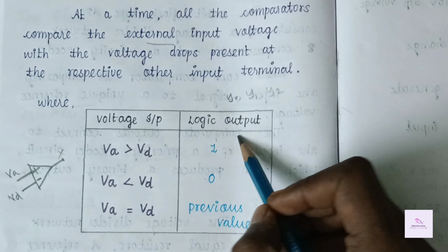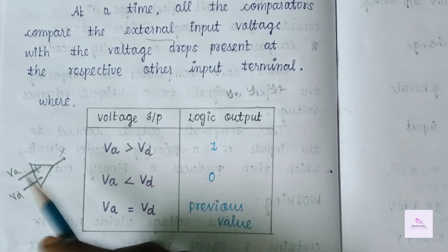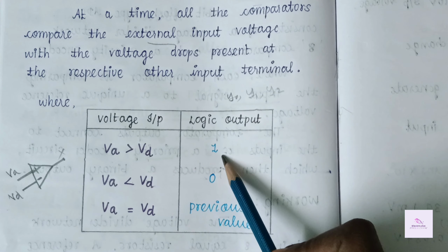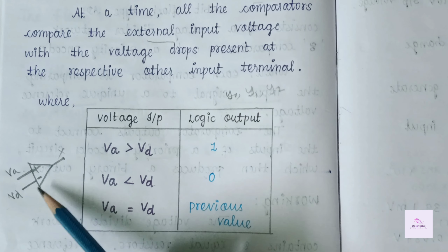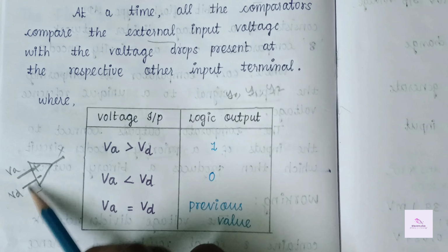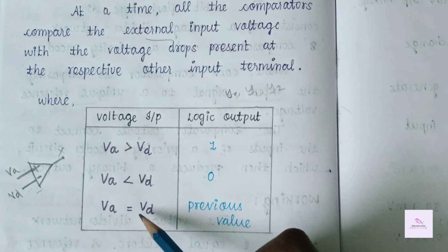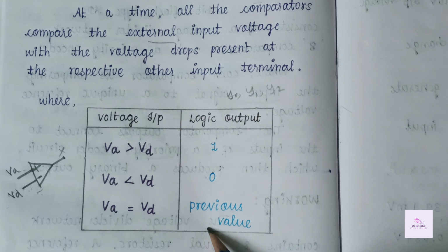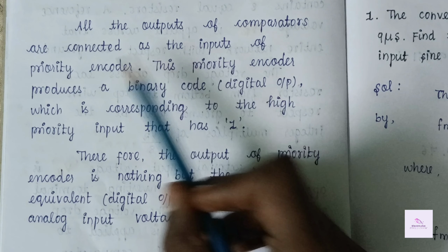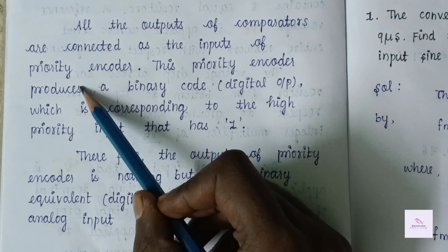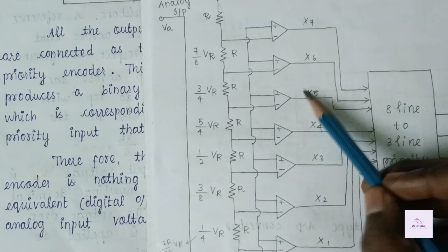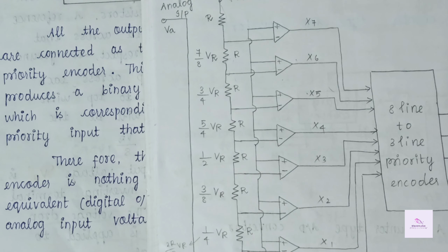For the output X, when VA is greater than VD, the output is 1. When VA is less than VD, the output is 0. When both terminals have equal value, it produces the previous value. All the outputs of the comparators are connected as the input of the priority encoder.